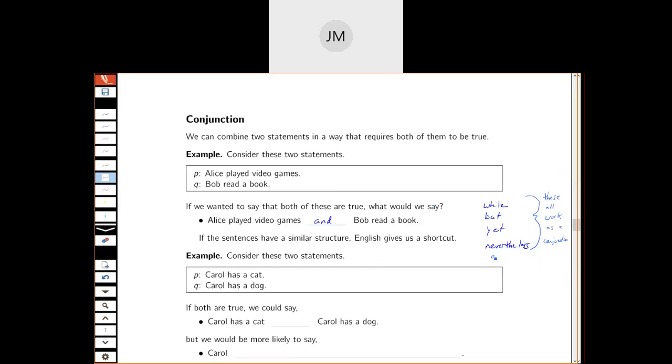And of course I'll just include and in there. So sometimes you might refer to a conjunction as just an and statement. But the conjunction is the more precise word that we have for it.